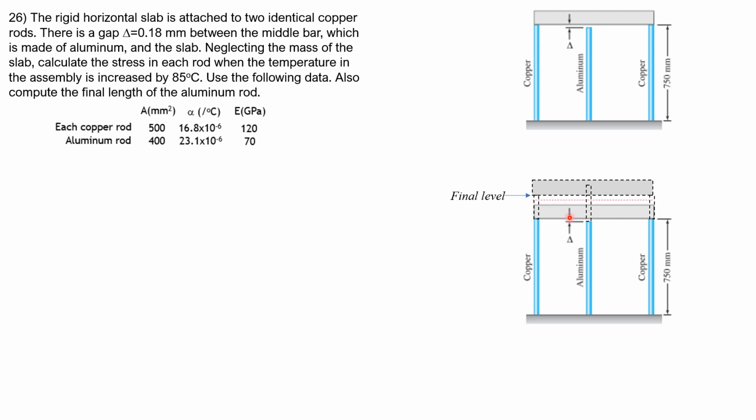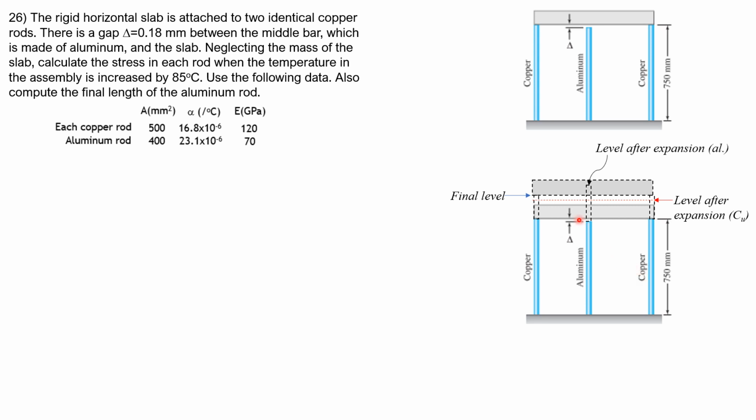If this red horizontal line is the level after expansion, for instance, that's the level after expansion of the coppers. So up to there only. But the aluminum bar will expand up to that level there at the top. So that's the level after expansion of the aluminum.